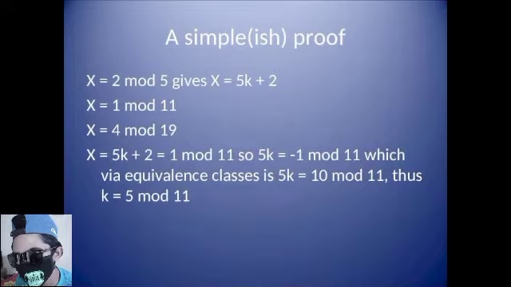So x equals 5k plus 2 equals 1 mod 11, so 5k equals negative 1 mod 11, which via equivalence classes is 5k equals 10 mod 11. Thus k equals 2 mod 11.